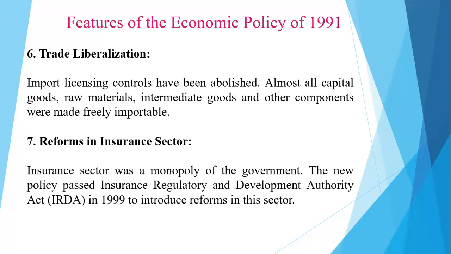However, the government's holding will not fall below 51%. The IRDA Act has given licenses to many private companies to enter the insurance business. This has ended the monopoly of the government in this sector.